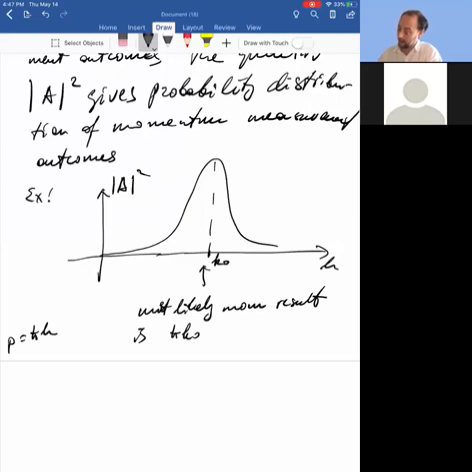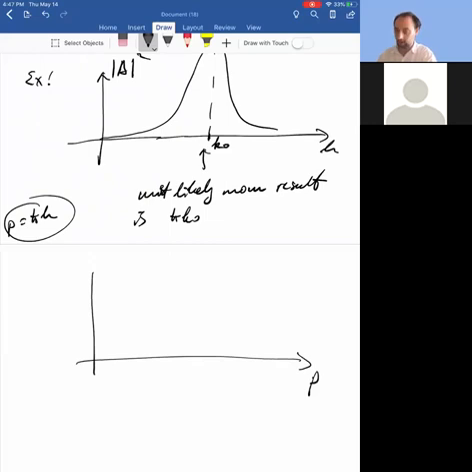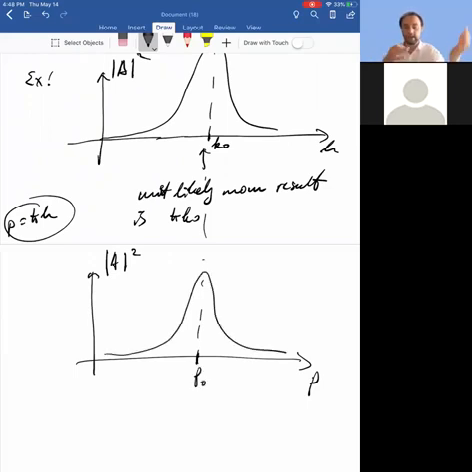Okay. So remember, there's a relationship, the de Broglie relationship. So you can even maybe express this in terms of momentum. You just rescale the x-axis, so maybe p naught, right?